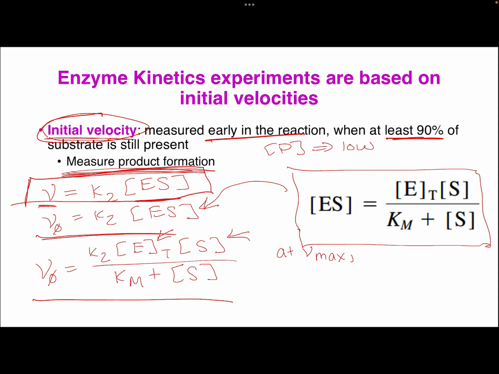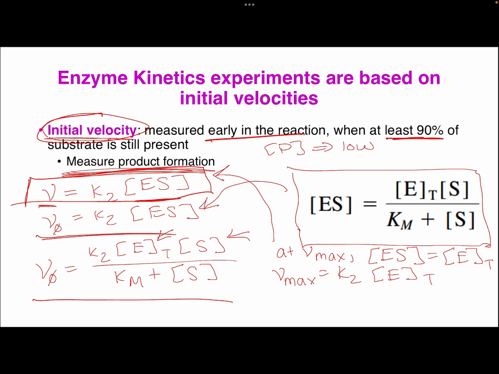So then at maximum velocity, the enzyme substrate complex concentration is going to equal the total enzyme concentration, because all the enzymes are going to be bound, because that's how you're going to get to your maximum reaction rate, is when all the enzymes are bound, catalyzing reactions constantly. All right. So we can take this and now substitute that into this equation again. So now we can say Vmax is equal to K2 times our total enzyme concentration.